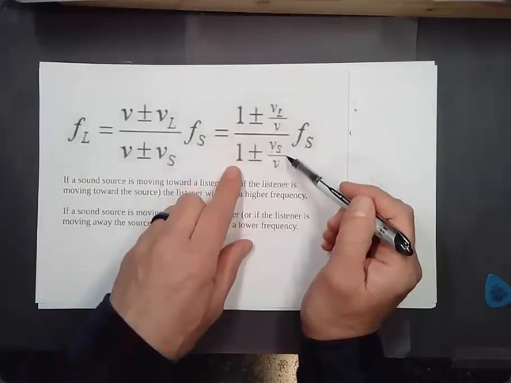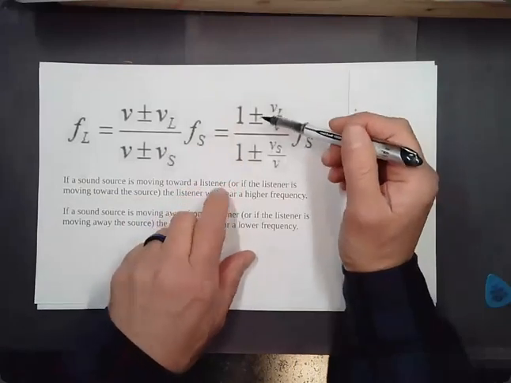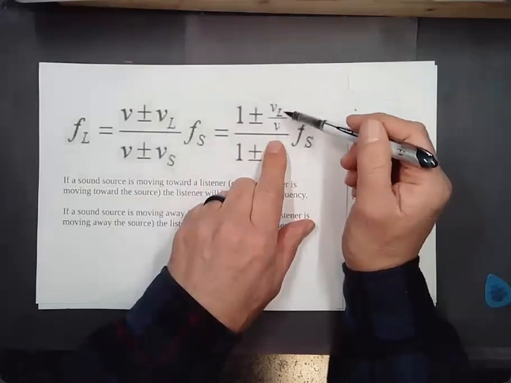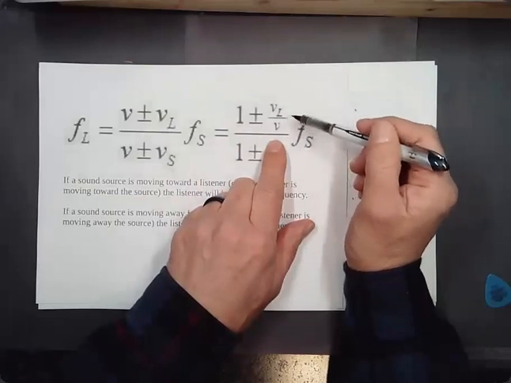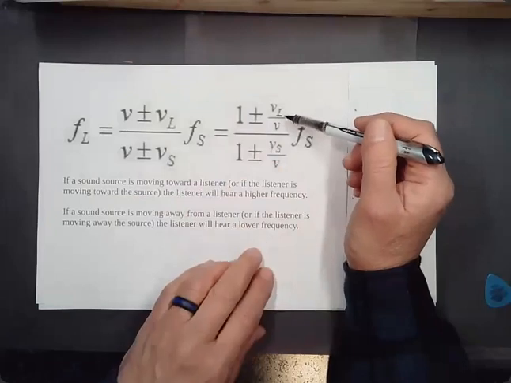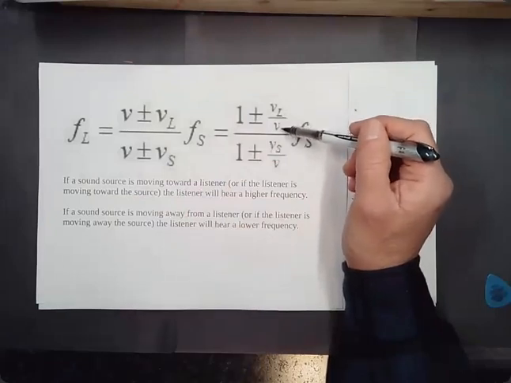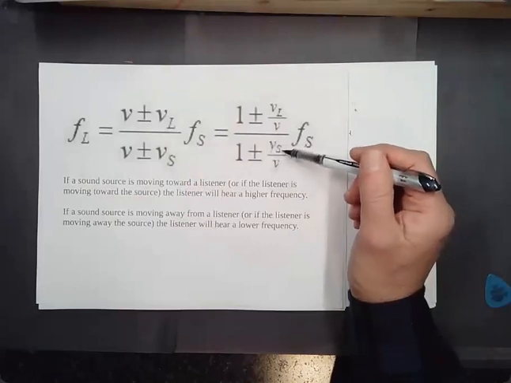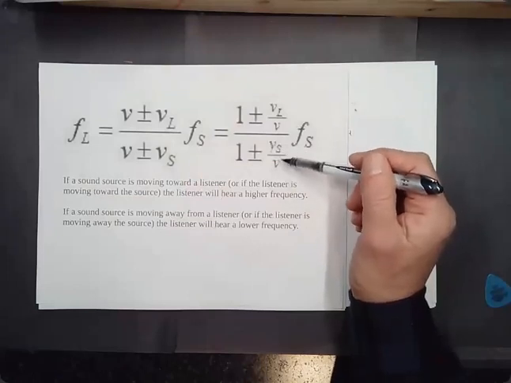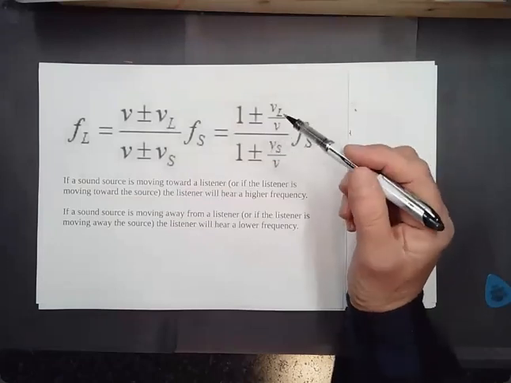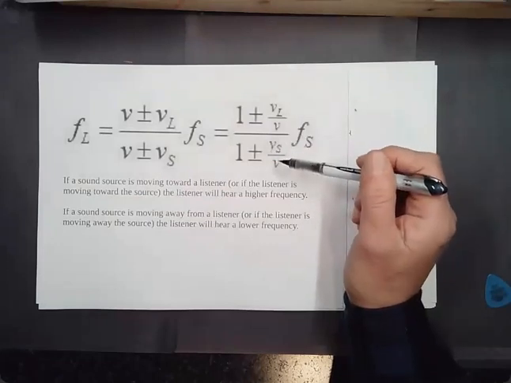And this is a little more intuitive because this is the part that shows what effect it's going to have. It's how fast the listener is moving compared to the speed of sound, or how fast the source is moving compared to the speed of sound. And that may be a little more intuitive, but I'll show you how to use this formula.